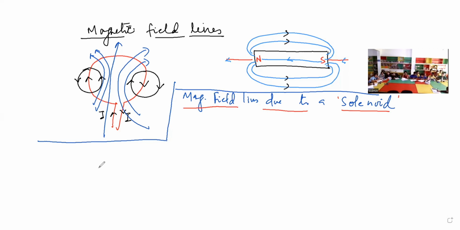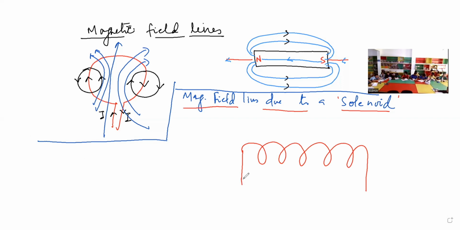Solenoid is basically a spring having a bigger diameter, and its length is also bigger. So if you draw like this, this spring-like structure is a solenoid.